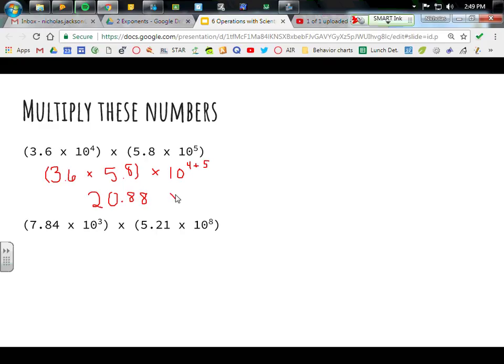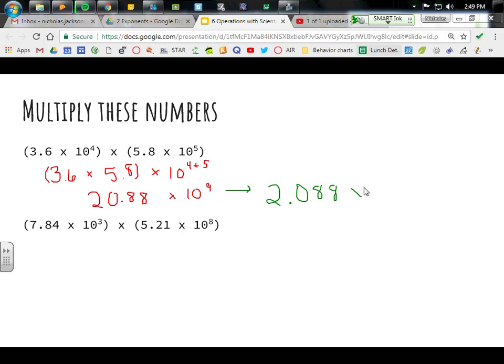And when we add 4 plus 5, we get 9. So this is not yet truly in scientific notation. We are going to have to bounce that decimal point one space over so that our base number ends up being 2.088.